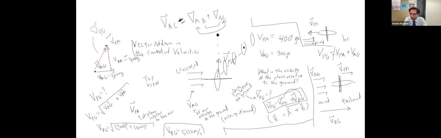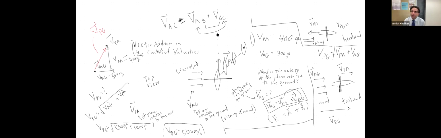You're going against the direction of the wind, so your velocity is going to be reduced. Can somebody tell me what is the speed of the plane relative to the ground in this scenario? So you're going east, rather west, at 400 meters per second. The wind is blowing east at 300.